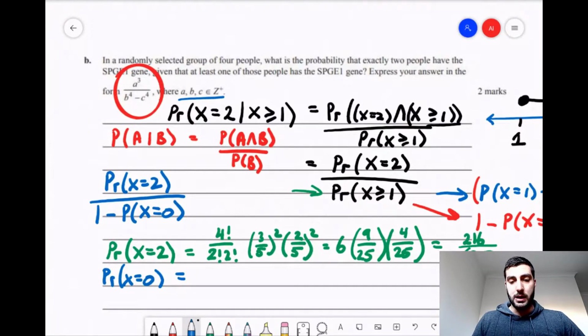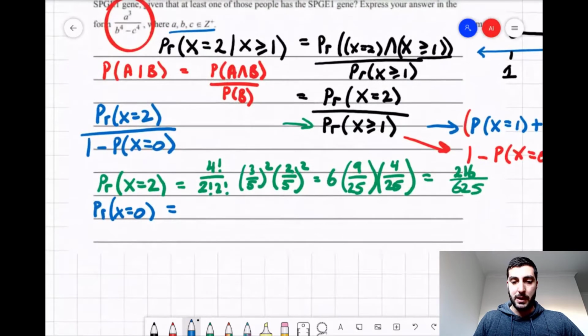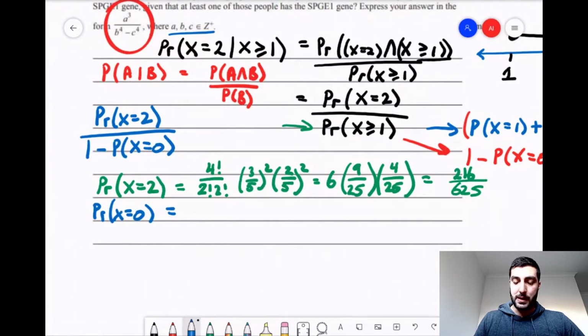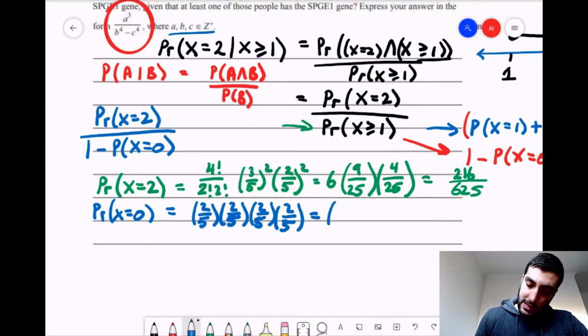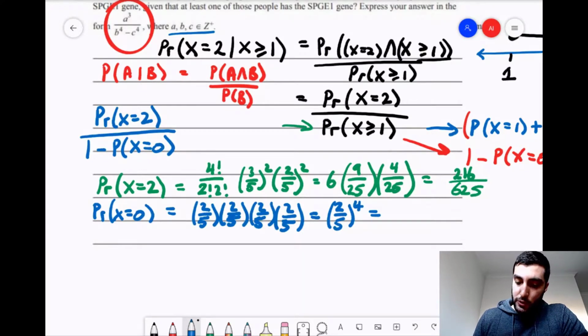And if none of the 4 people have the gene, and the events are independent, that's another important factor, then it's going to be 2 fifths for person 1, 2 fifths for person 2, etc., etc., or of course that would be 2 fifths to the power of 4. And so we're going to have 2 times 2 times 2 times 2, which will be 16 on 625.